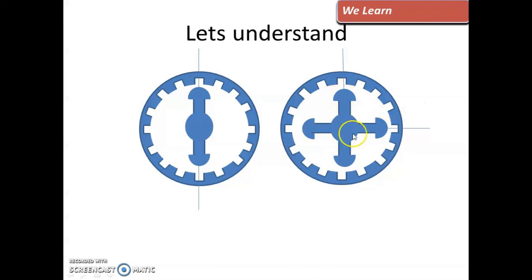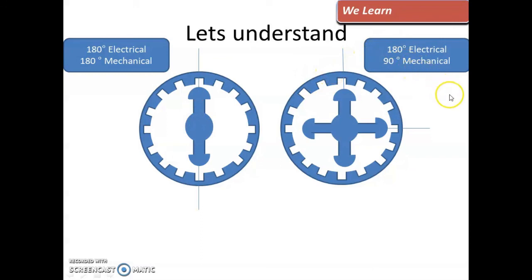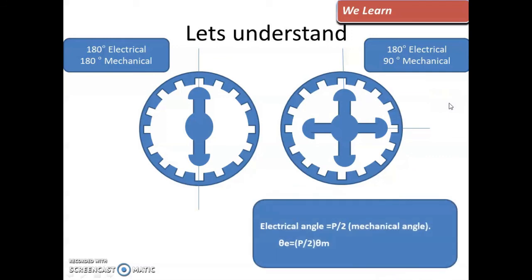So the north pole and adjacent south pole have 90 degree mechanical, but the electrical angle between these two poles is 180 degree electrical. So this is 180 degree electrical, 180 degree mechanical. This is 180 degree electrical, 90 degree mechanical. And as we concluded, theta electrical, that is electrical angle, is always equal to P by 2 times mechanical angle. I hope things are clear to you.